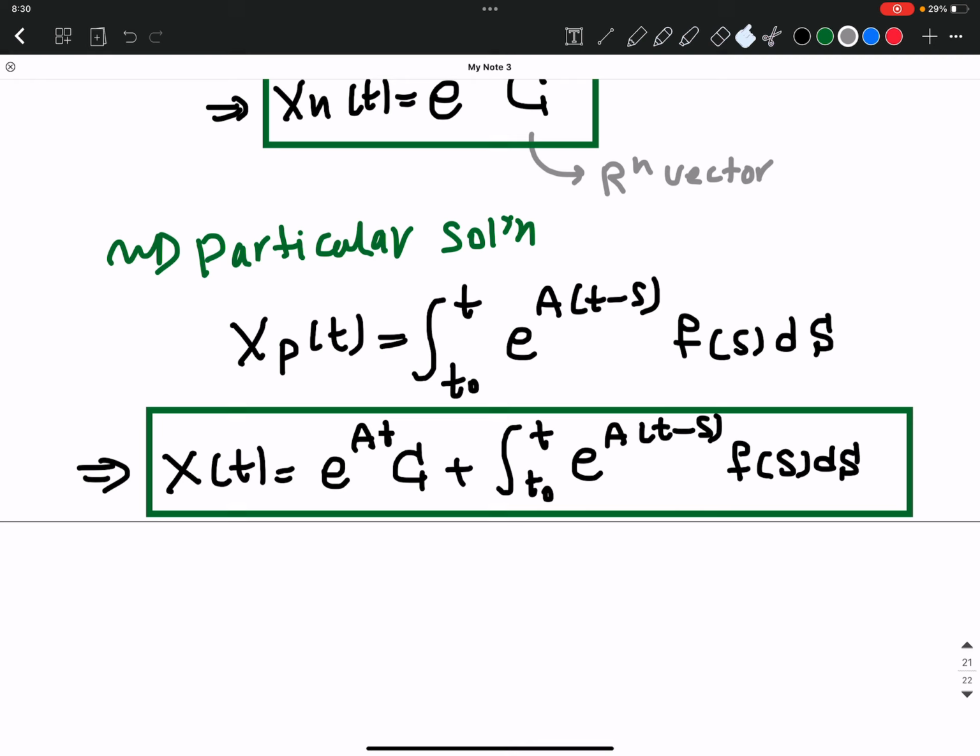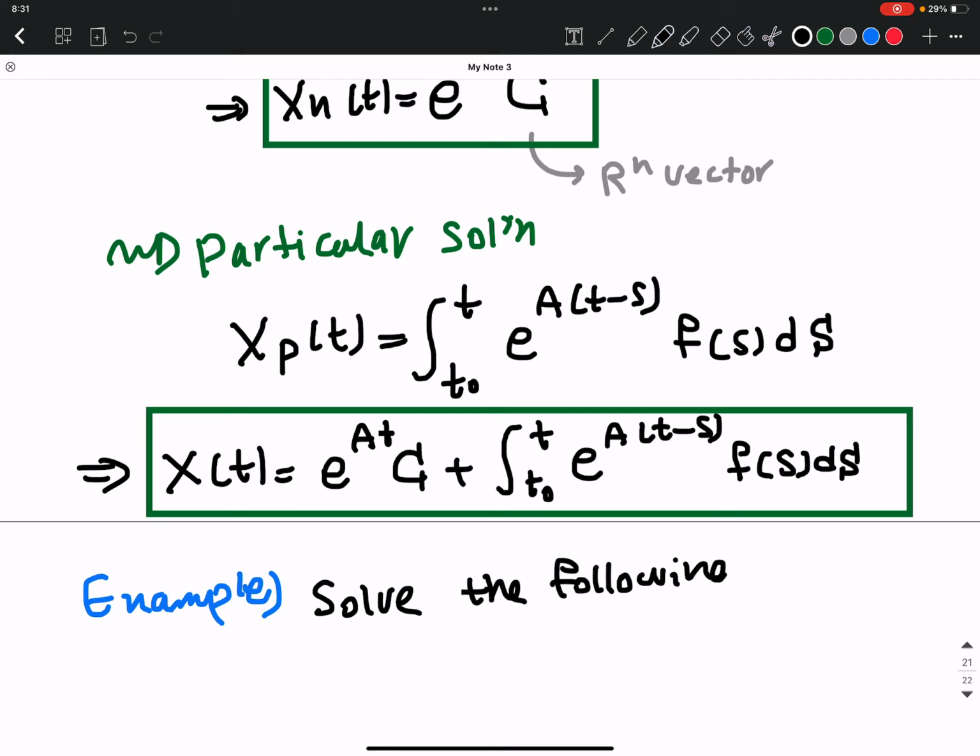Okay, so now let's solve one example of this. This is very general, and now you can use it for any given nth order ODE. So let's solve one example to see how we can actually use it. Solve the following second order ODE.